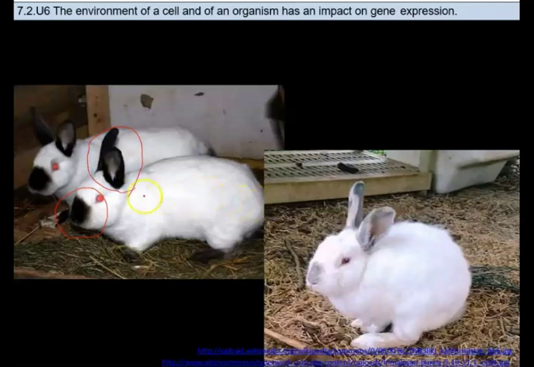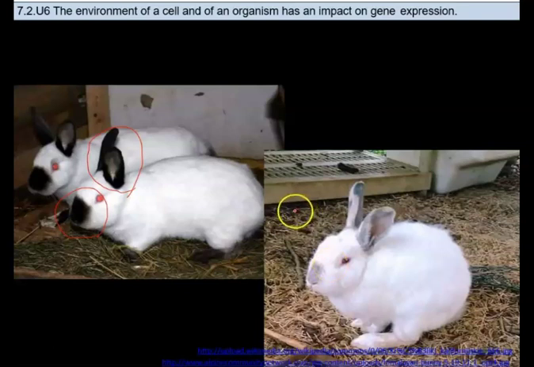These two have the black color, but this one has none. What do you think? Do you think that they have genetic differences? Pause the video and think a little about that.